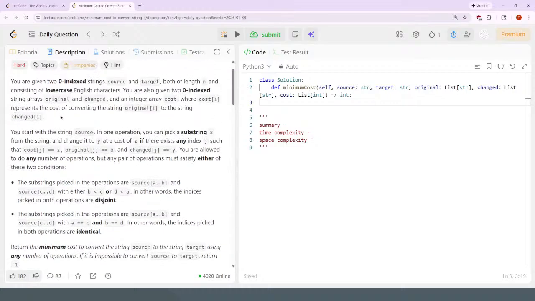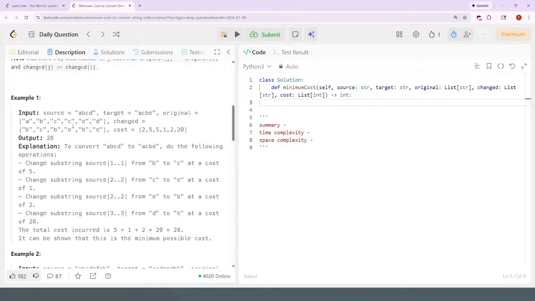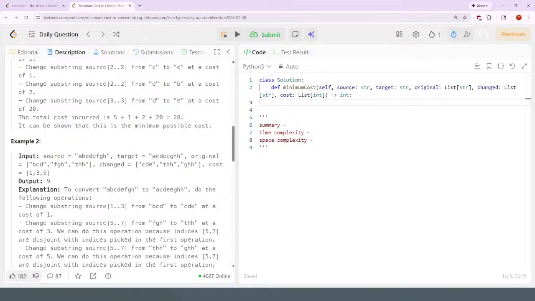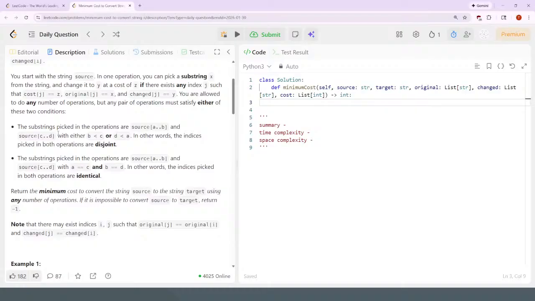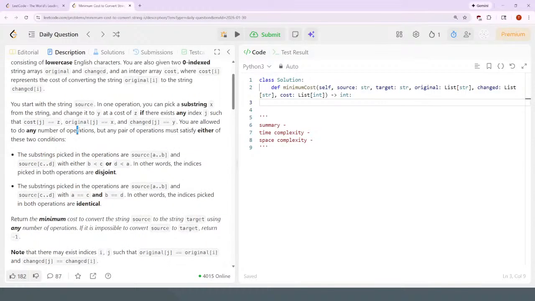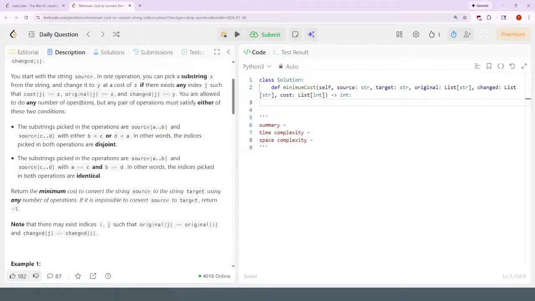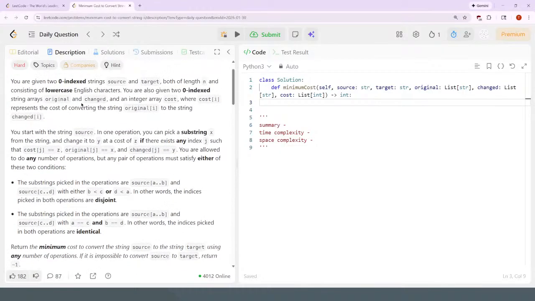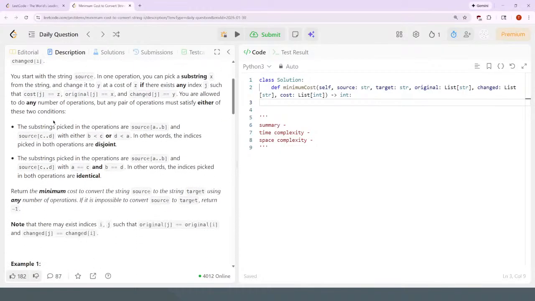So if you pick these first three, you can pick those first three again, but you can't pick like 1 to 4, because that would be neither disjoint nor identical. So once you have an operation on a particular letter, you can either repeat that interval or skip to the next letter following the last.